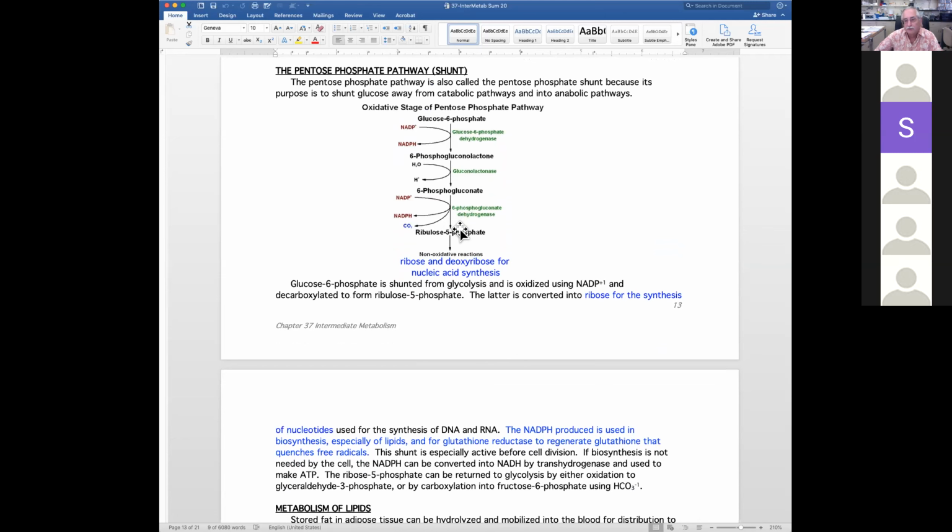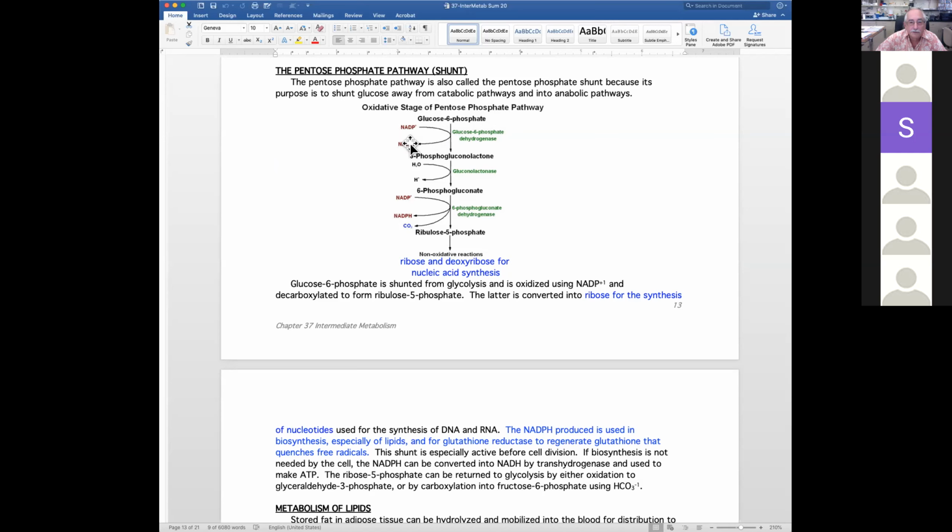So in this class, we don't have time to go into very much biosynthesis, but here is one short pathway. So here's glucose 6-phosphate. It's been shunted away from glycolysis. Notice that you oxidize to make NADPH, right? Why would you do that?